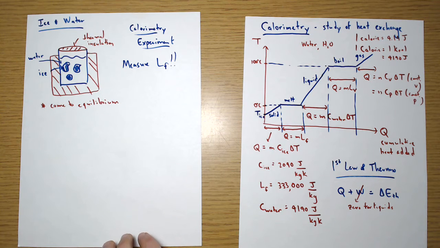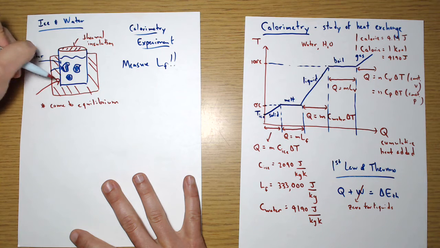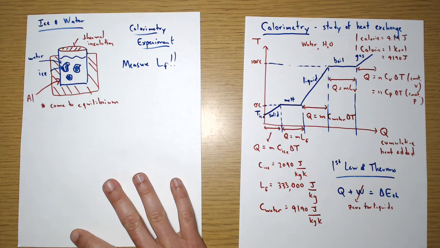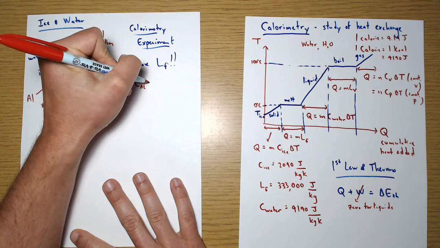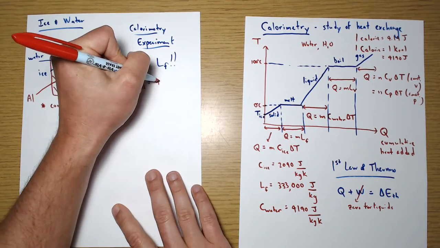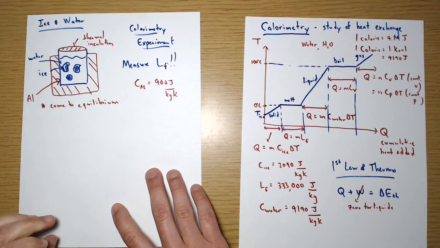So let's say that this cup right here is made out of aluminum. Well, if it's made out of aluminum, aluminum is going to have a specific heat as well. So let's write down the relevant quantities here. Specific heat of aluminum, let's say we know what it is, 900 joules per kilogram Kelvin.